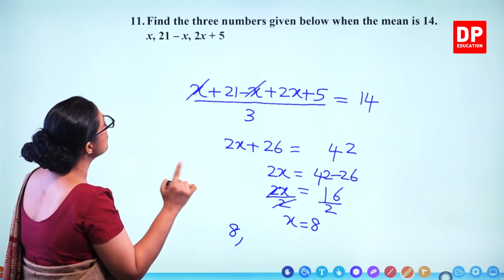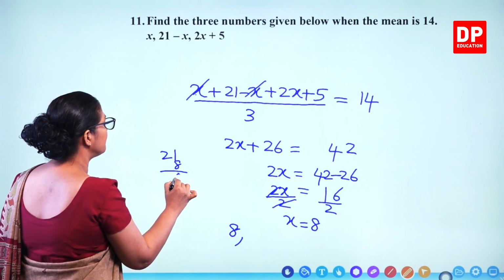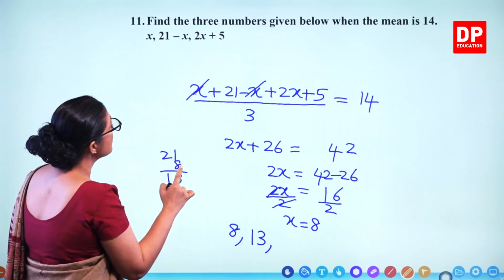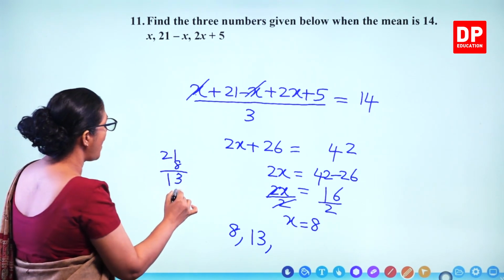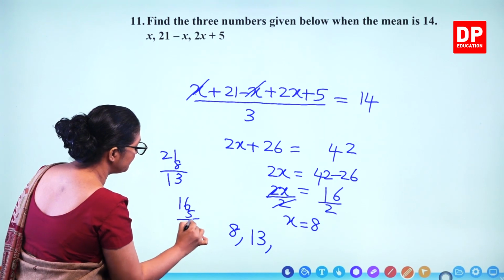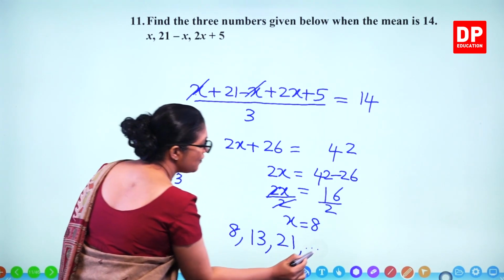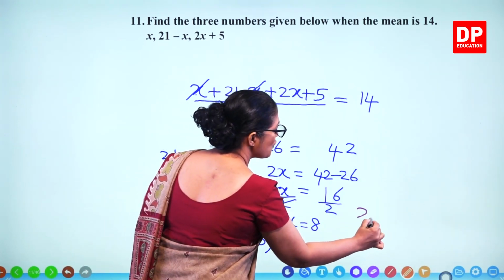What's the second number? 21 minus 8, 13. And 2x plus 5: 2 times 8, 16, plus 5, 21. So those are the 3 terms of the progression. 2 marks.